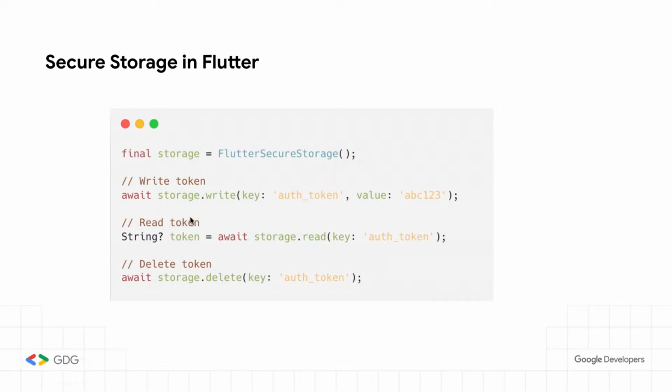Otherwise, it is going to store the proper value here. Now, if I want to delete my token, then I'm just going to use storage.delete and the key that I want to delete, in this case auth_token. And again, it's an await function. So these are the three simple functions that we have in secure storage: write, read, and delete.